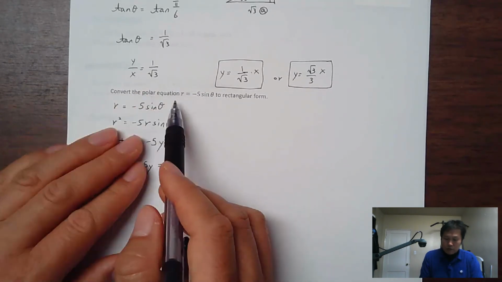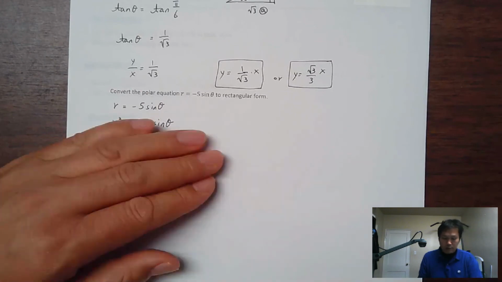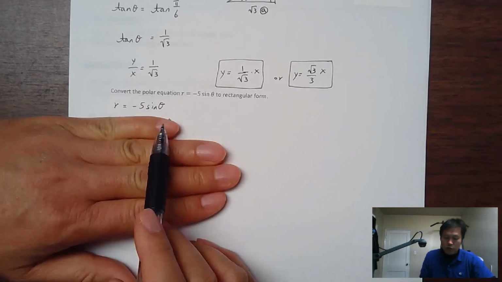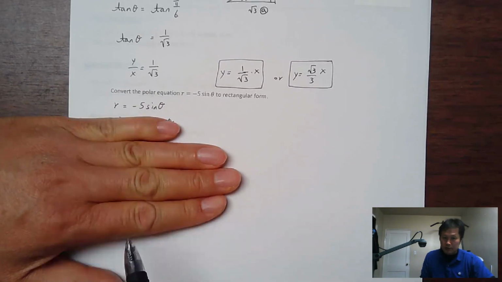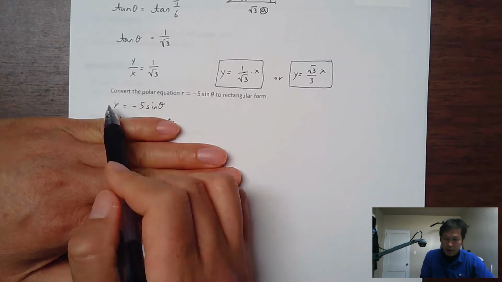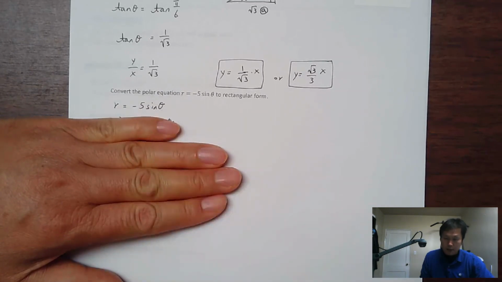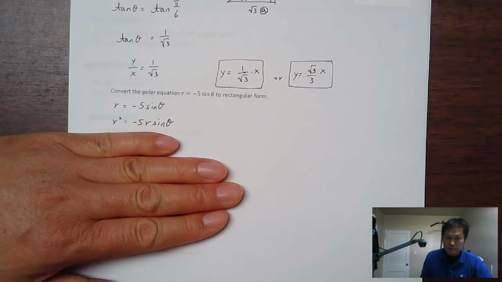So start right here. You need to multiply by r on both sides. Multiply by r on the left hand side, multiply by r on the right hand side, then it becomes this. Why are we doing this?